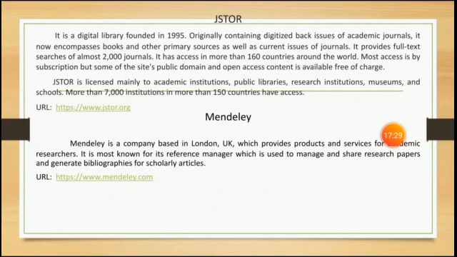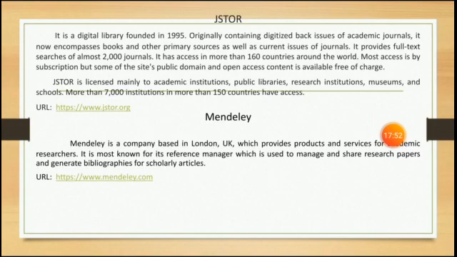Most access is by subscription, but some of the sites' public domain content is open and free of charge. JSTOR is licensed mainly to academic institutions, public libraries, research institutions, museums and schools. More than 7,000 institutions in more than 150 countries have access to JSTOR.